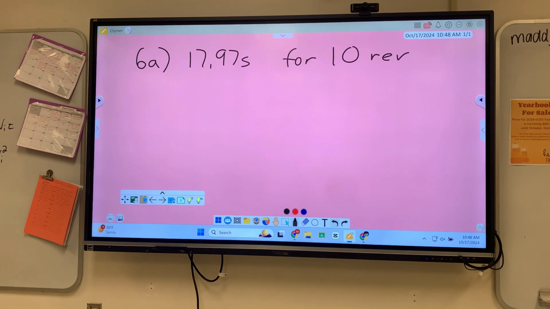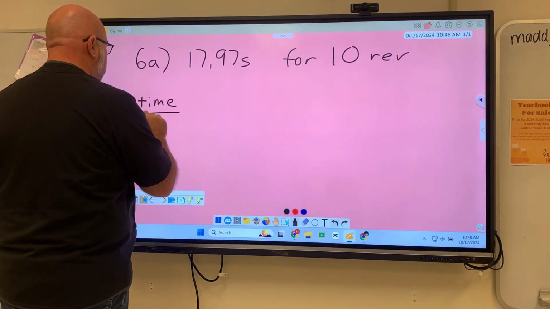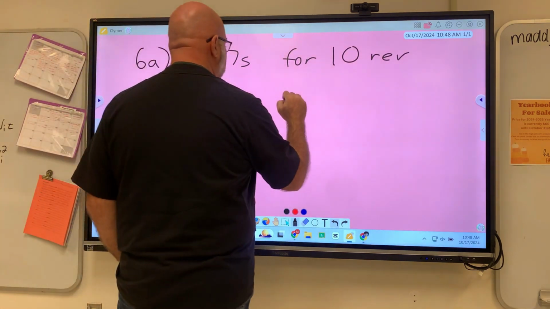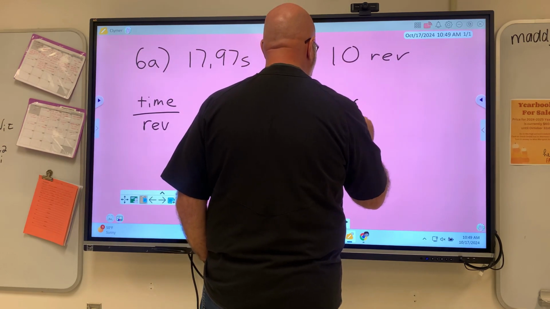Right? So now let's keep going. Let's make this useful. In this case, we had two different units that we were using. One was revolutions per second, and the other was the number of seconds per one revolution. Both are valid. One is time per revolution, and one is revolutions per some amount of time.